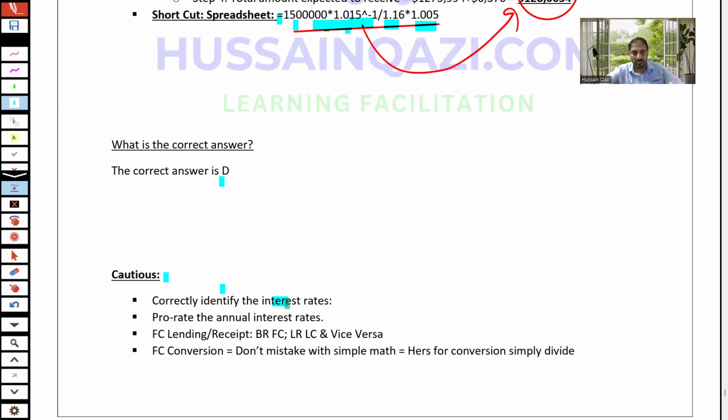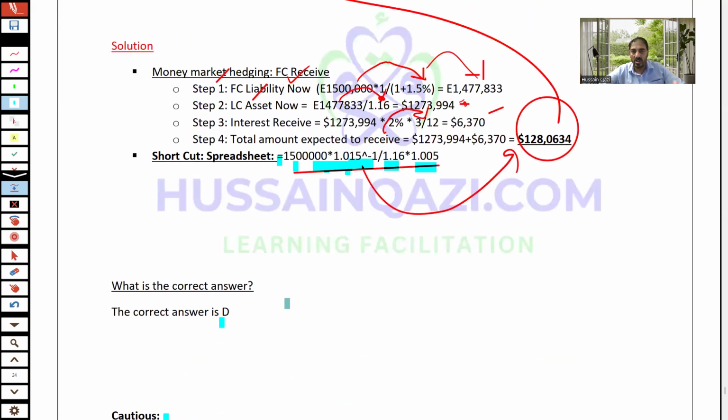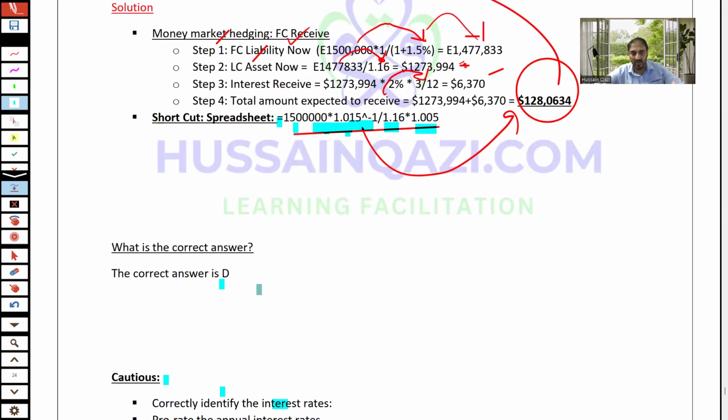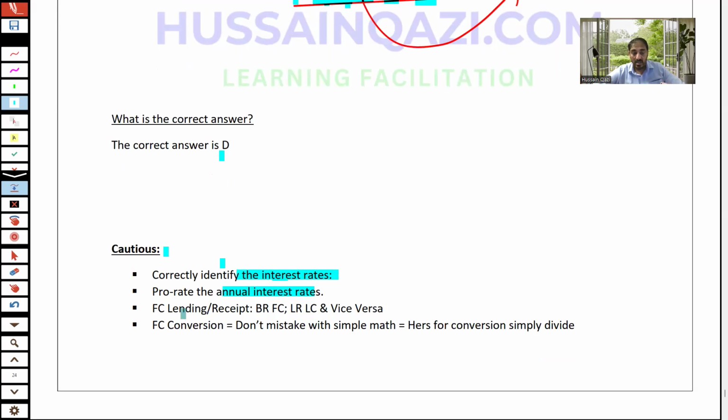It's very simple. Take the borrowing rate of the foreign currency and the deposit rate of the local currency. Identify the interest rates. Prorate the annual interest rates. Don't make a mistake. Prorate 3/12.